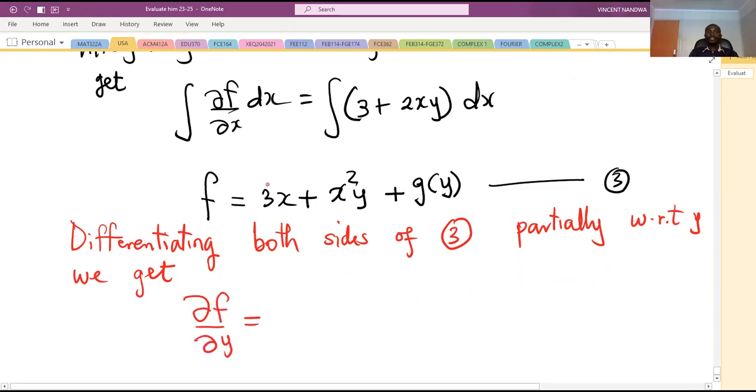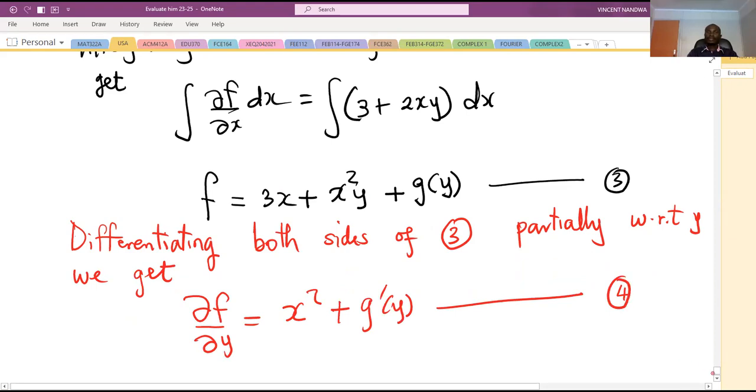Because 3x doesn't have a y variable, its derivative should be 0. Then x squared y will give us x squared. And then g of y will give us g prime of y. Let's call this one equation 4.